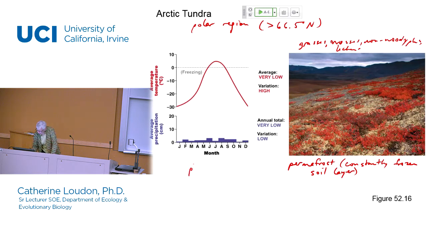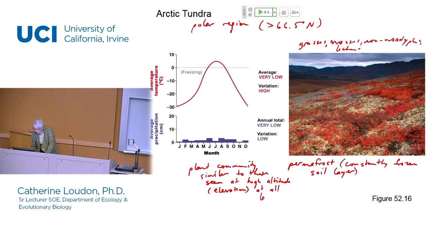So the other thing I'd like to point out before I leave this last biome is that the plant community in the Arctic tundra is really quite similar to those seen at high altitude, meaning high elevation, so heading up mountains at all latitudes.